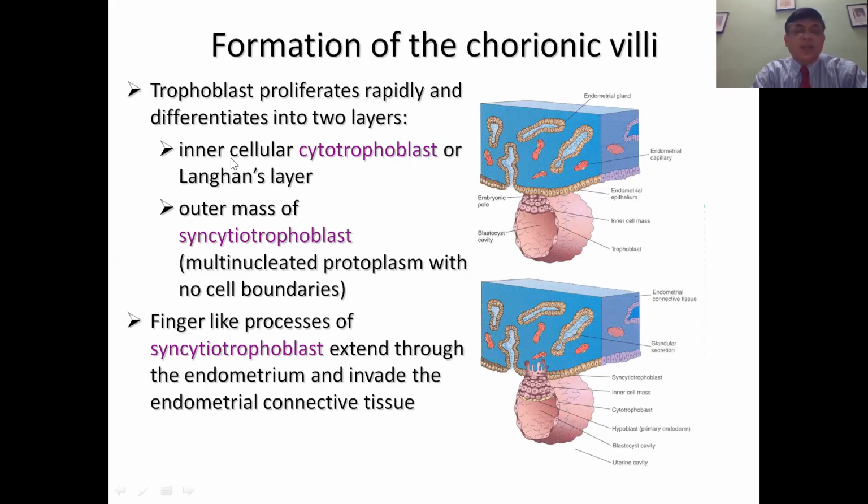The inner layer is cellular layer. By that I mean the cell walls are maintained. So each cell is separate from the other cell by cell wall.